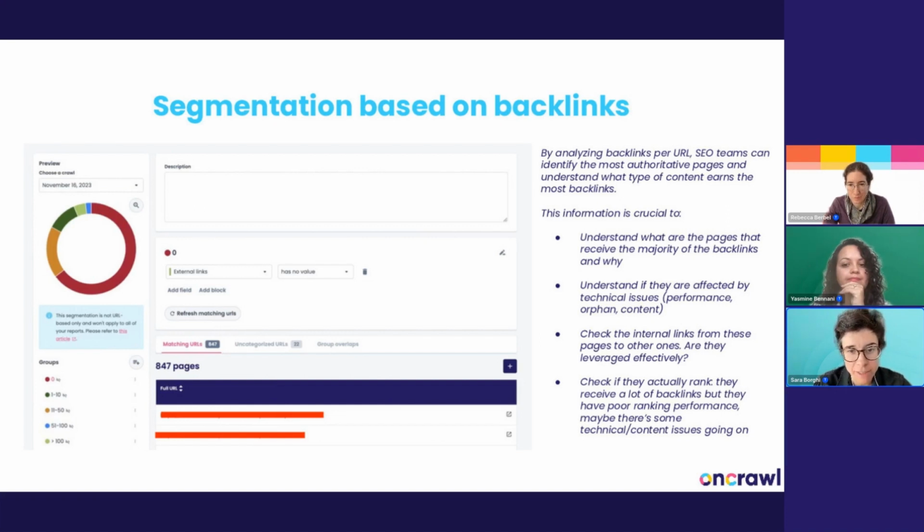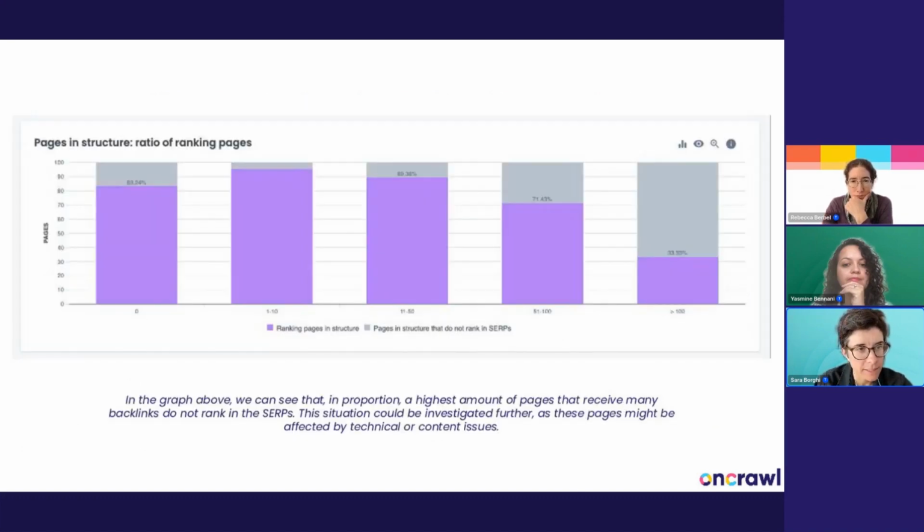Also check the internal links that are generated from the pages that have the most authority. And to get a bit more into the detail, in this graph, for instance, we see that in proportion, there's a highest amount of pages that receive many backlinks that do not rank in the SERPs. So this is a very good graph to start asking ourselves some questions and doing some deeper analysis.